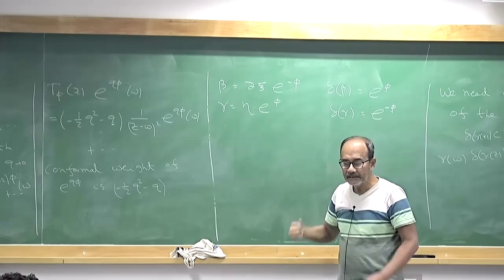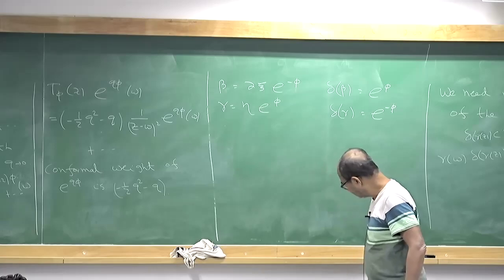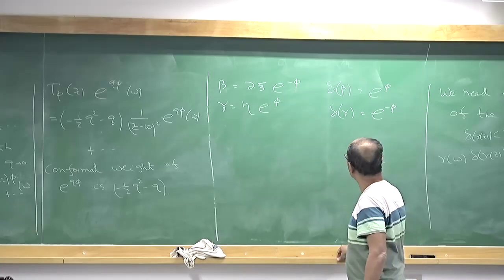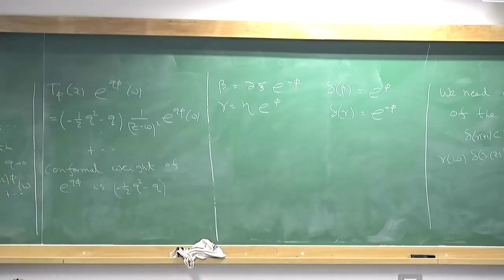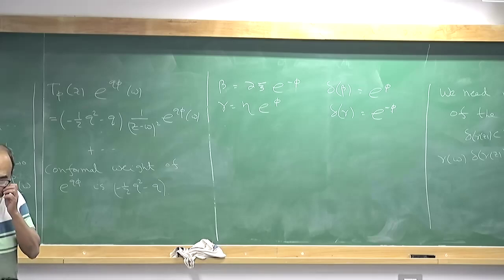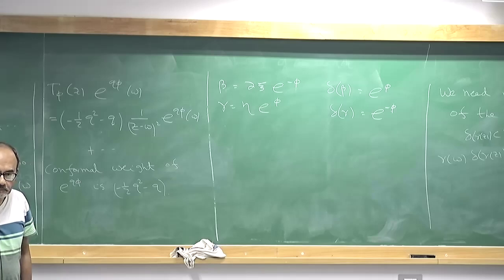There are no xi and eta on the right hand side, only e to the phi and e to the minus phi. To get correct vertex factors, we only need delta functions of beta and gamma.